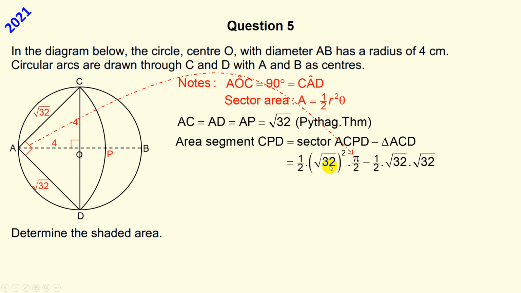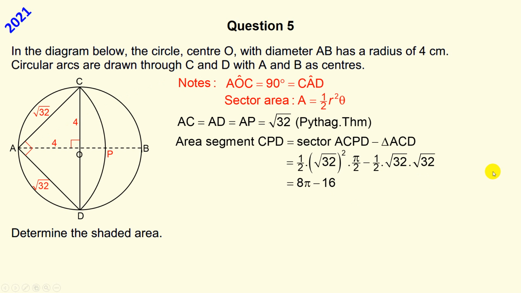So therefore it's half root 32 squared, being the radius of the sector, times pi by 2, because we need the angle in radians. That's 90 degrees, which is pi by 2, minus half. And all I'm going to do is base times height. I don't need to use trigonometry because, in fact, we have a right angle there. So we could treat that as the base, that as the height. So it's half base times height.